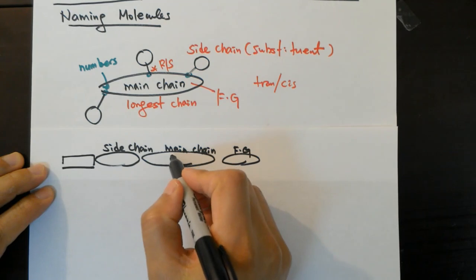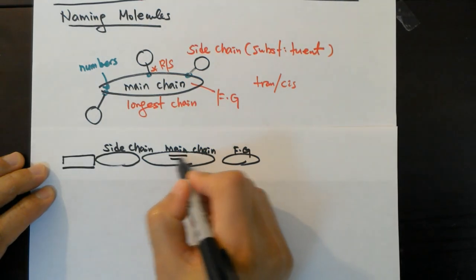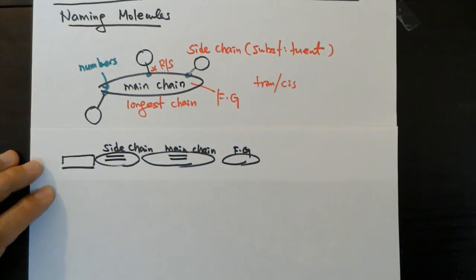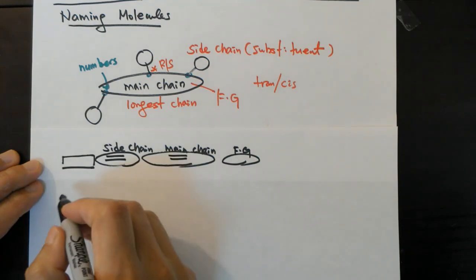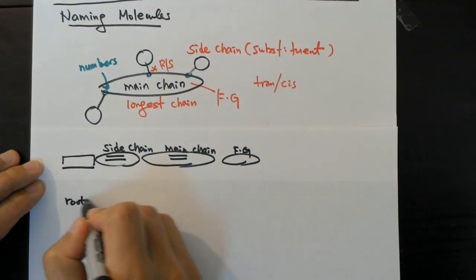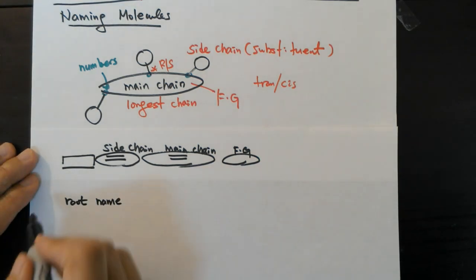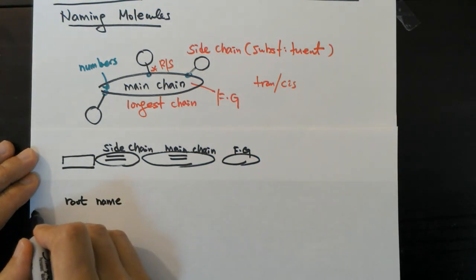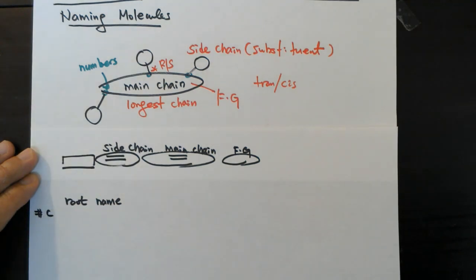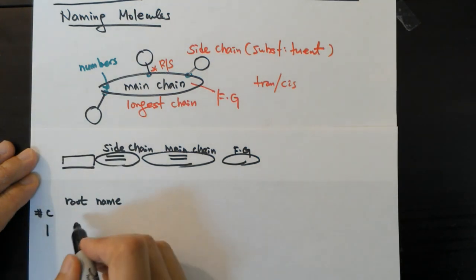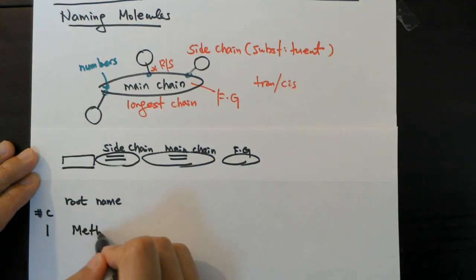First, for the main chain and the side chain, you need to know this root name that comes by number of carbons. So if you have one carbon, the root name is meth.